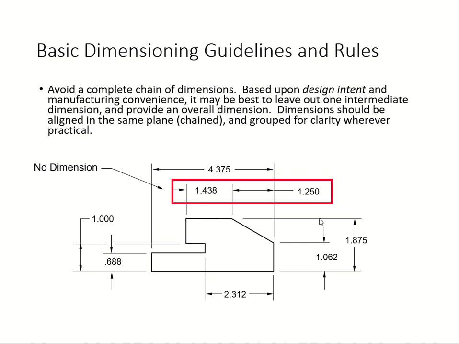So avoid the complete chain of dimensions, please. This is just clutter, and you have to share the arrowhead forever. When you have too many dimensions edge to edge like that, you're gonna leave one out, but make sure you leave it in a sensible way, so that you are able to subtract it.